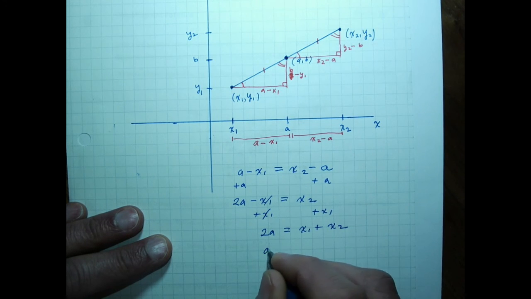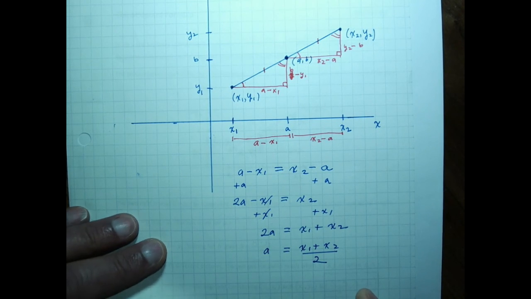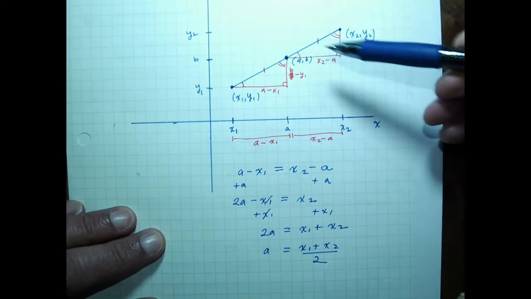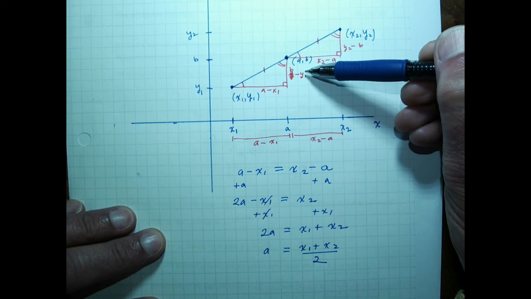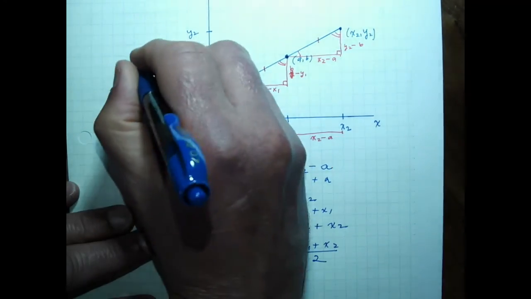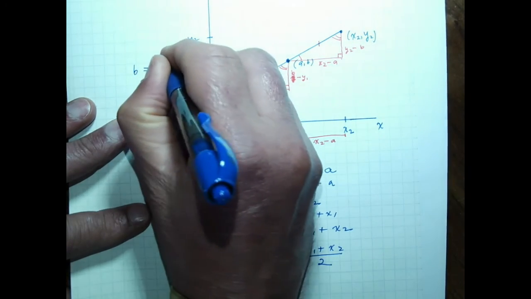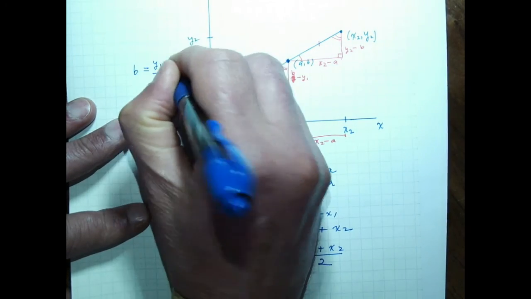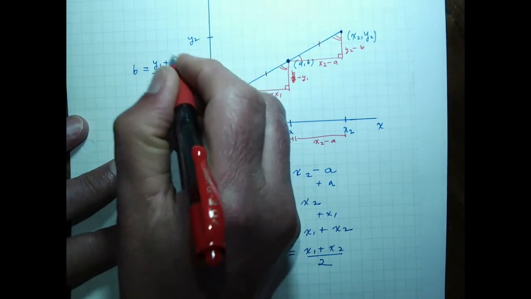Then if I divide both sides by 2, A is equal to x1 plus x2 over 2. You can do the same thing with the y2 minus B side and the B minus y1 side, and you get a similar formula for B, which equals y1 plus y2 over 2. I'm not going to go through those steps.